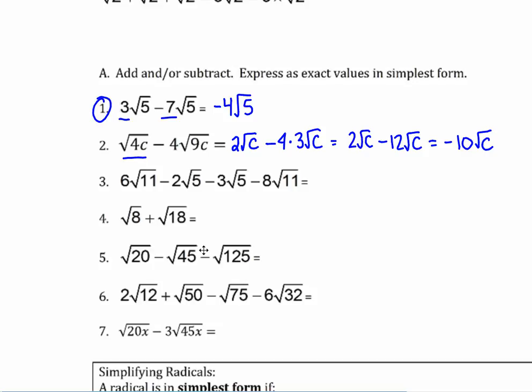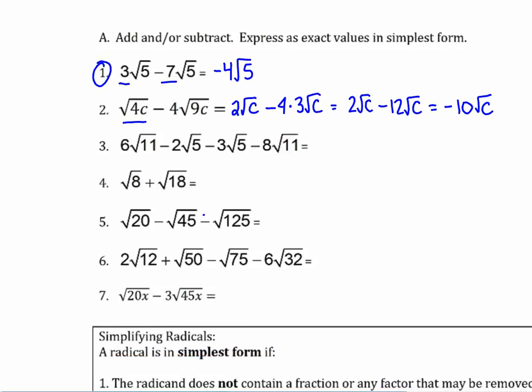That's a little bit of a challenging one. Number 3 is a little bit nicer, kinder. So first of all, looking at these radicands, can you simplify 11 or 5? Is there a perfect square that will go into 11 or 5? No, they are prime, so for sure, no. So we only add and subtract like terms. So root 11s with root 11s, root 5s with root 5s. Brings you back to grade 9 polynomials, hey?